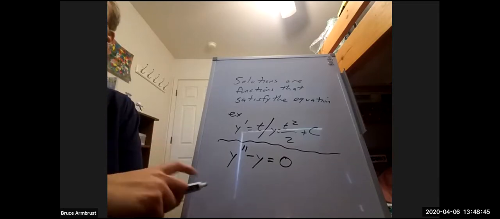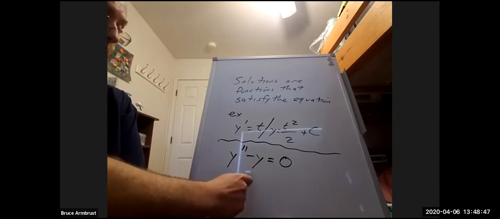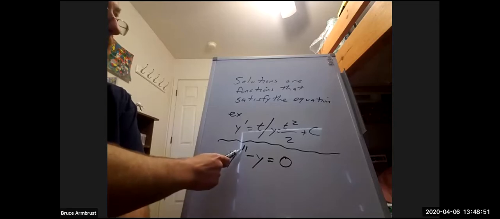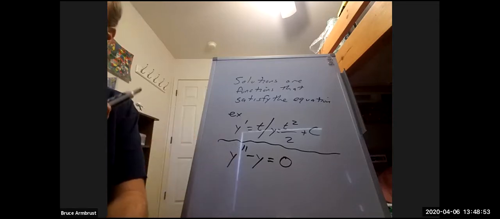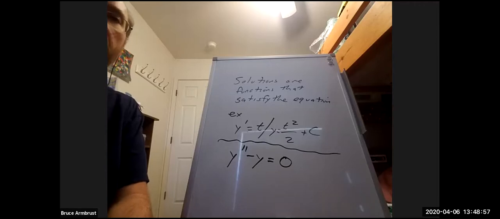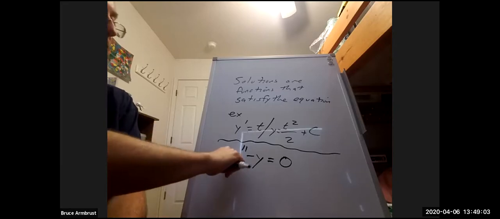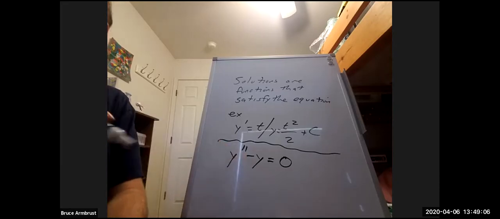So first of all, it's a linear, ordinary, it's not partials, second order differential equation. Can you think of a function that would satisfy this? A function that if you differentiate it twice, subtract the original one.